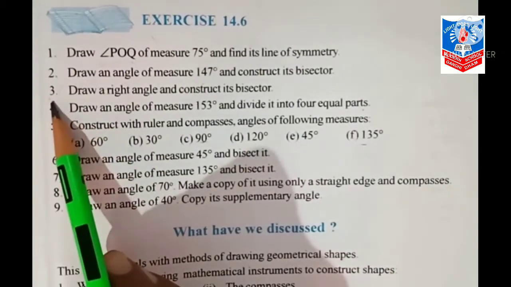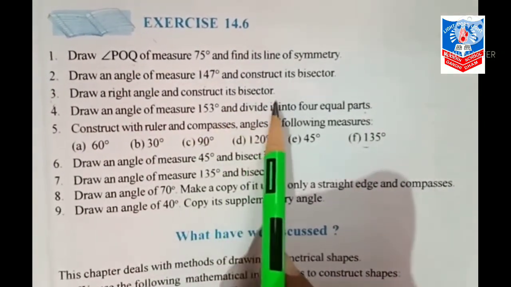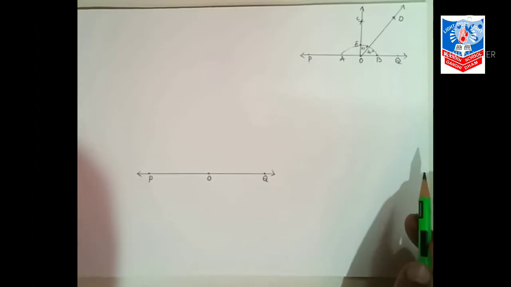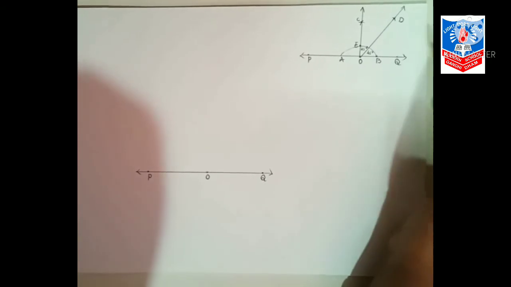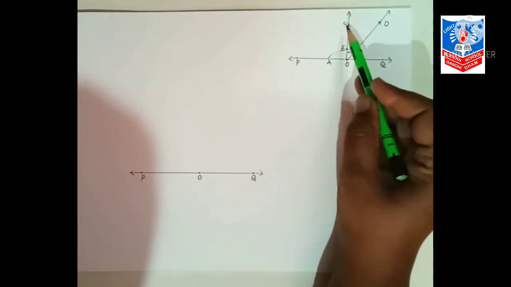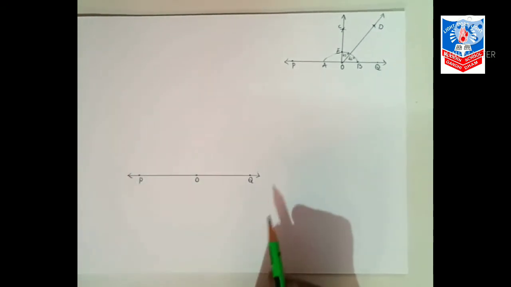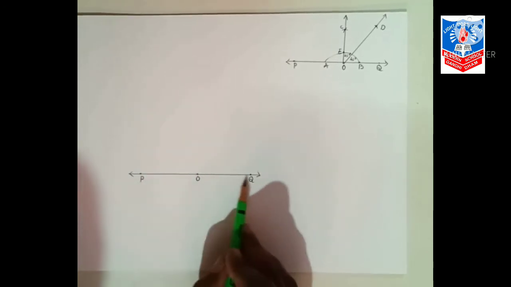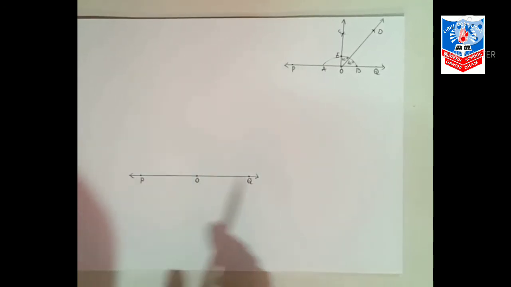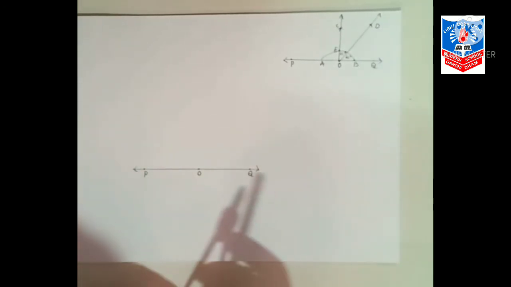Question number 3. Draw a right angle and construct its bisector. Now in this question you have to construct a 90 degree angle and then you have to bisect it. Understood? Now first what will we do? We will draw a line PQ and take a point O on it. Now first let us construct the 90 degree angle.